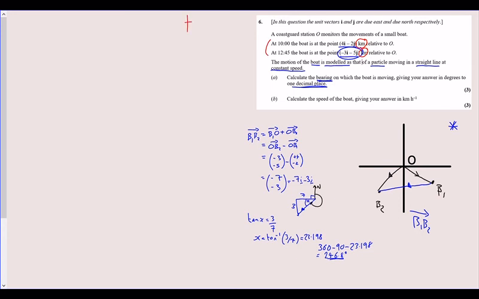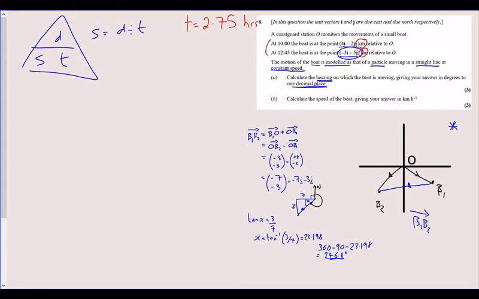So time is 2.75 hours. And because I'm trying to find out the speed, I can use the formula speed, distance, time, where speed is distance divided by time.